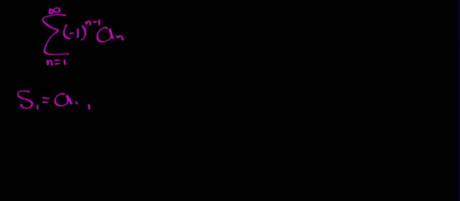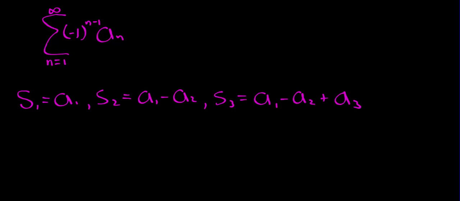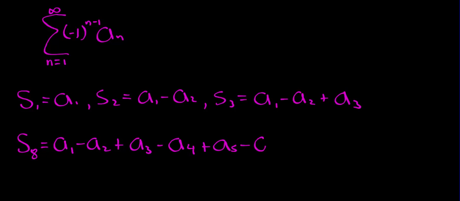The second partial sum is a1 minus a2. The third is a1 minus a2 plus a3, and we could keep going. Let's jump ahead to S8: a1 minus a2 plus a3 minus a4 plus a5 minus a6 plus a7 minus a8. That is the eighth partial sum.